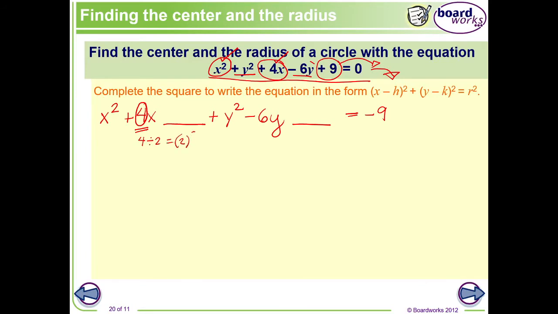You square that. 4. I will write here plus 4. This is what you call completing the square. Now, next. The 6 divided by 2 is how much? 3. Square 3. 9. Plus 9.